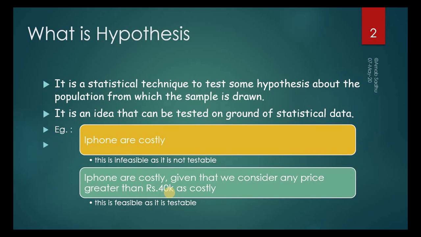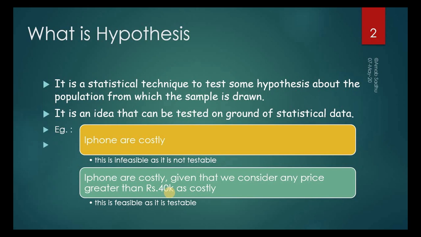Why? Because out of the 10 items in your sample, some may be greater than 40, some may be less than 40, but I cannot surely say that this is the characteristics of the whole population. What I mean is that the characteristics of the sample may or may not be in line with the characteristics of the population.